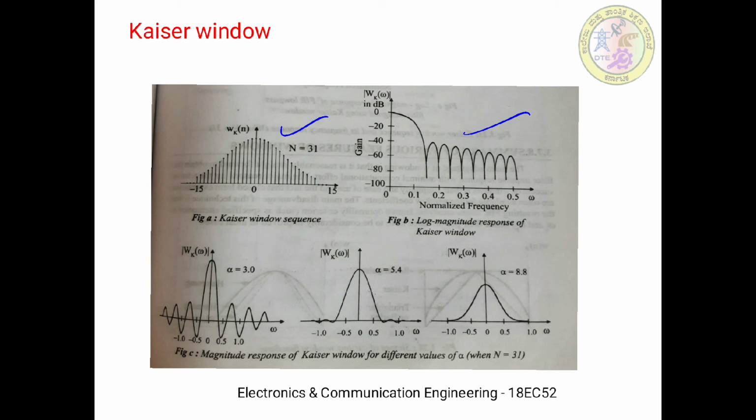The main feature is that it has a parameter beta which controls the degree of taper towards the edge of the window. So with the Kaiser window we have a shaping parameter, because of which it is possible to shape a particular window function, and the designer can also achieve a better trade-off between the main lobe width and the side lobe performance.